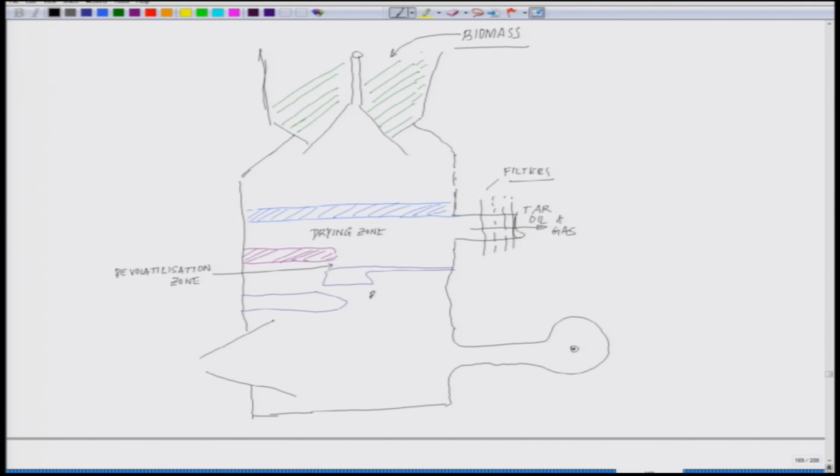This zone is the reduction zone, and underneath you have the combustion zone, and this is where the air is coming in. This is the air orifice and the air is moving like this, and this is where you have the ash.